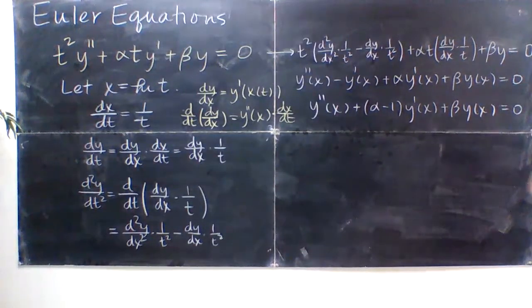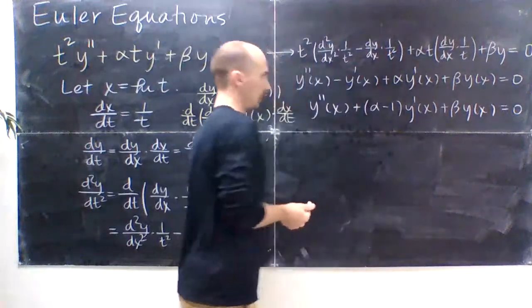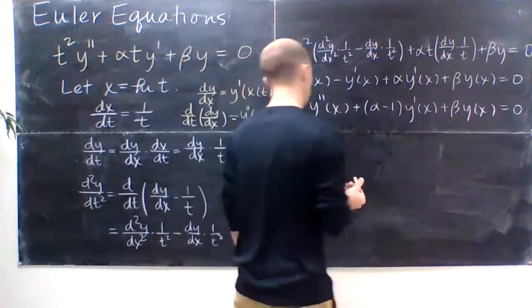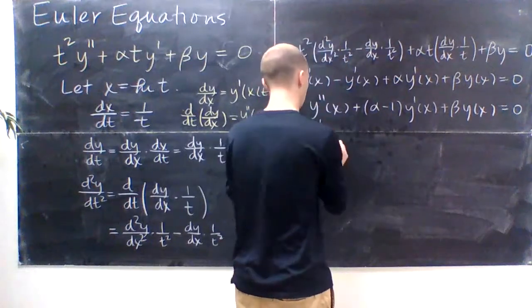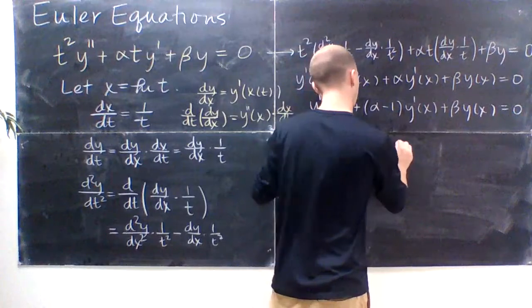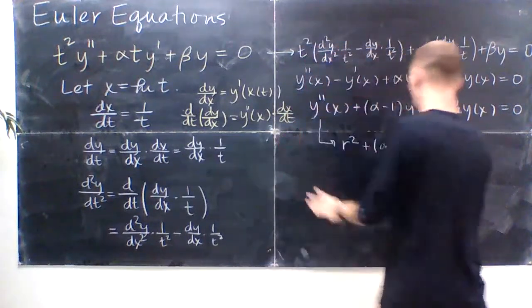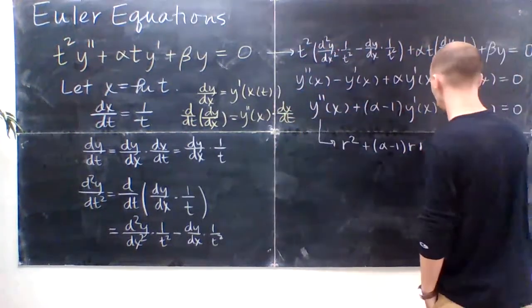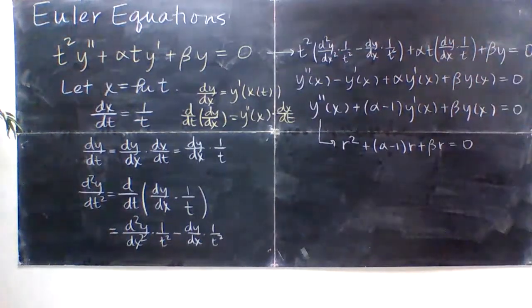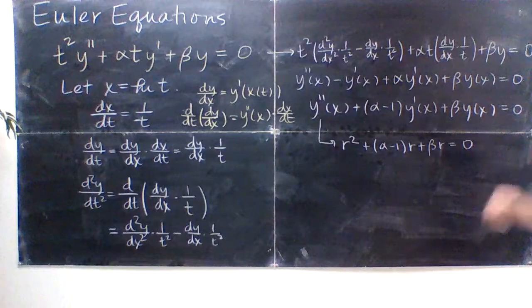Okay, so we know how to solve this. We go to a characteristic polynomial, right? This is going to be r squared plus alpha minus 1 r plus beta is equal to 0. That's going to give you r1 and r2.